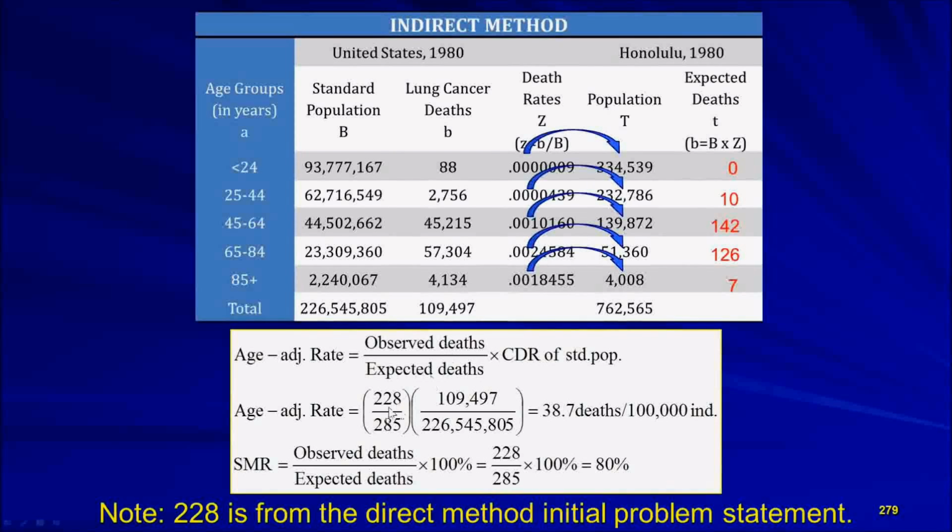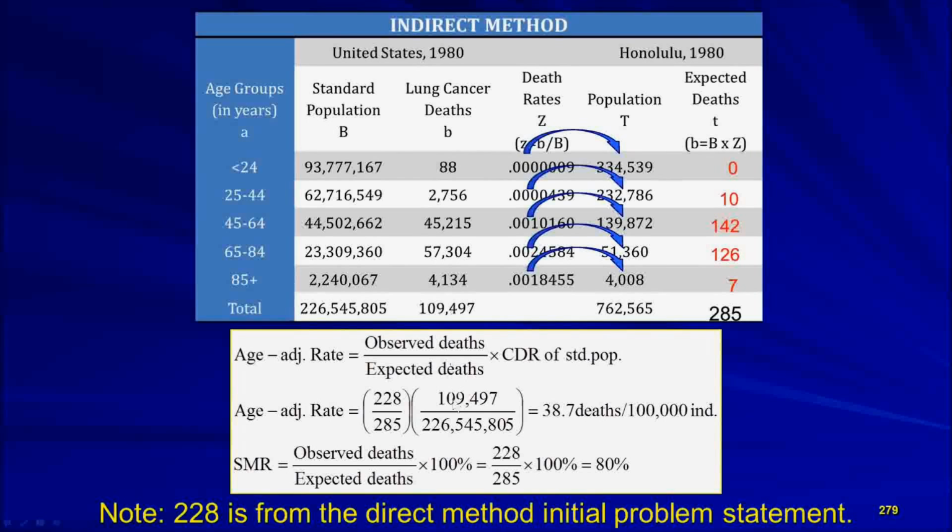Remember, from the problem it was 228 that were specified. And we've got to come up with the expected deaths, and from this problem it's 285. Then we're going to do a multiplication, and here's where we're doing the adjustment.